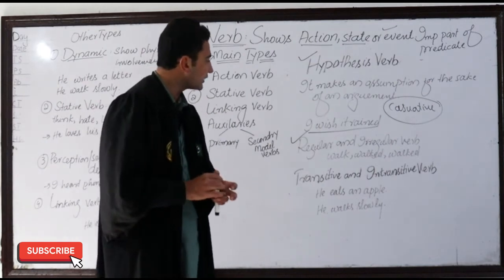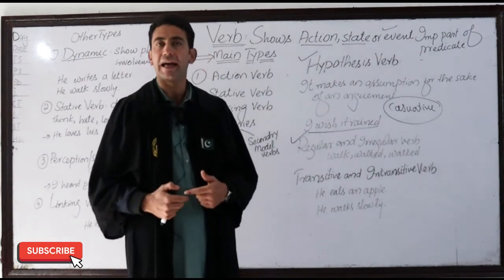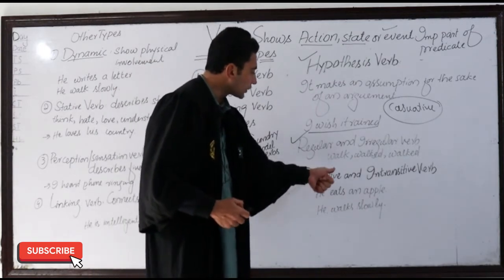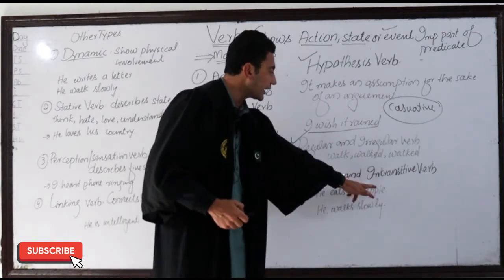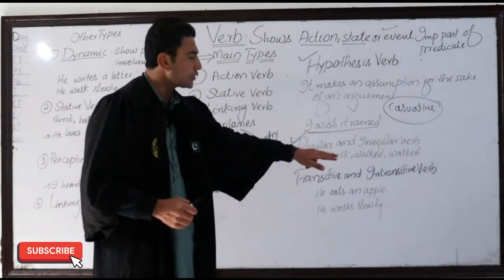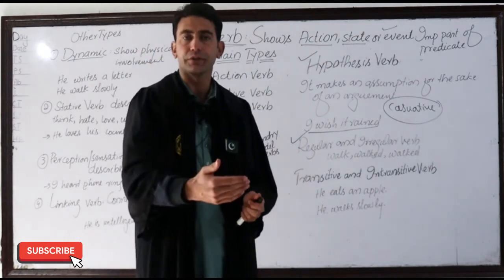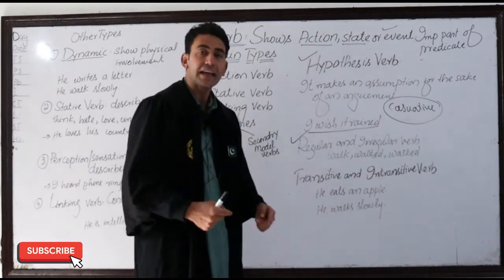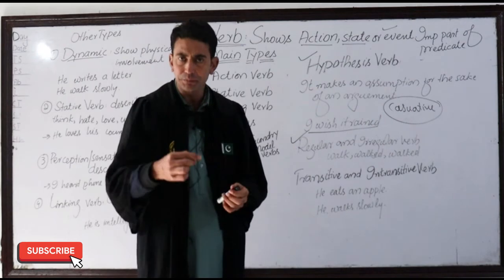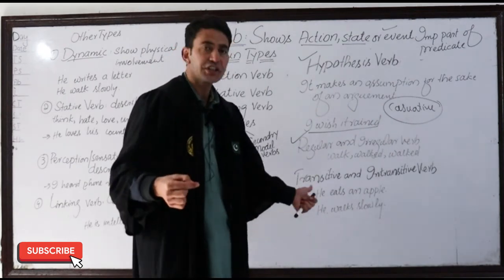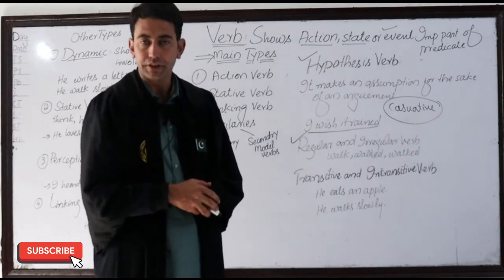Okay, so that was all about the regular verb and irregular verb. Now let us move on towards the transitive verb and intransitive verb. Both transitive as well as intransitive verbs are action verbs, meaning both of them describe an action, an activity in which the subject is physically involved. Understand?